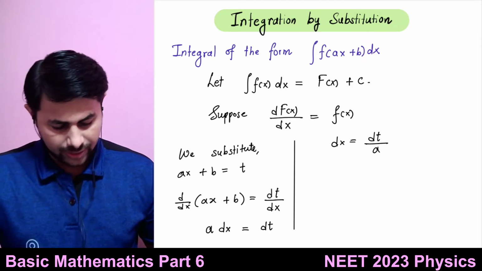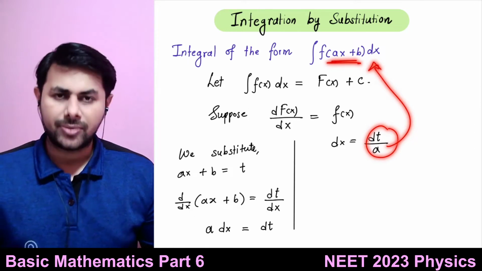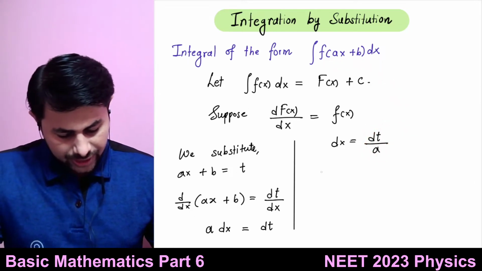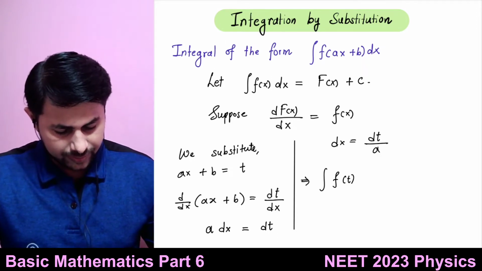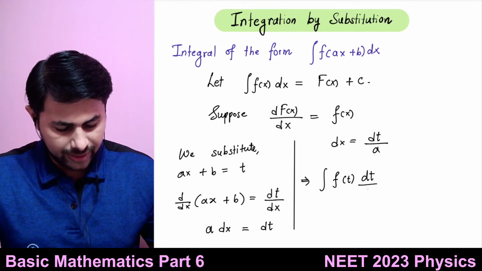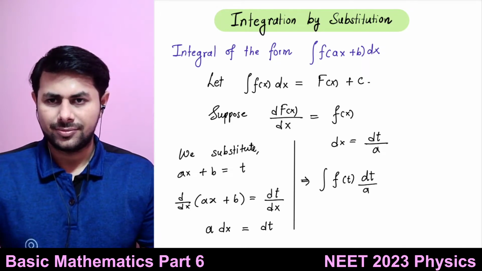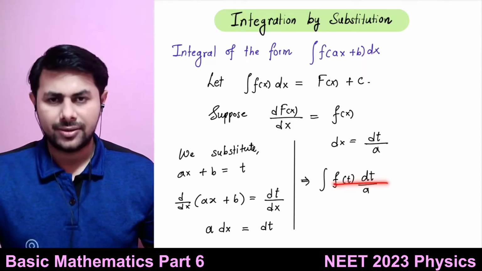And now if I substitute this over here, and in place of ax plus b I write t, what do I get? The integration changes to f of t dt divided by a, right? Then what is f of t dt?